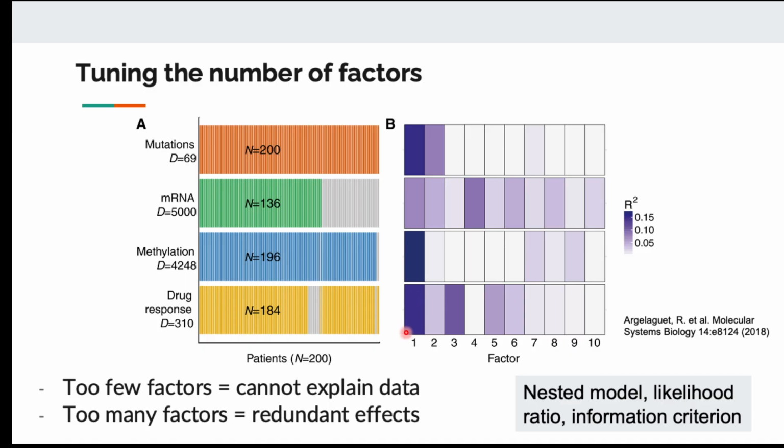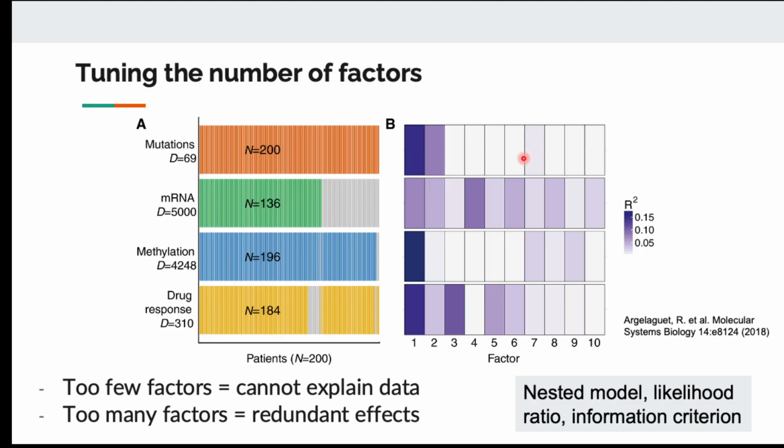From this result, we can tell that whichever factor 1 is, it might be some description of the patient or the cell, and somehow it's correlating with DNA methylation. It's correlating with mutation. We can also say that for mutation, it looks like it's being explained by only 2 factors.